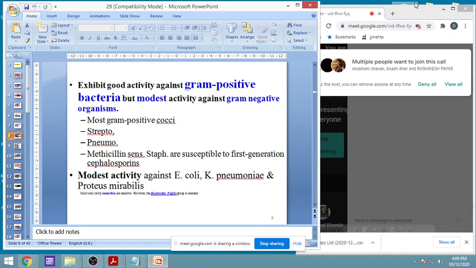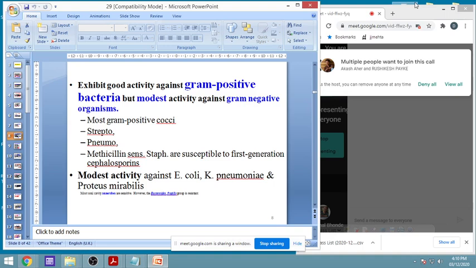Most gram positive cocci like streptococci, pneumococci, and methicillin sensitive Staphylococcus aureus are susceptible to first generation cephalosporins, but the problem is they have modest activity against E. coli, Klebsiella pneumoniae and Proteus mirabilis. So they have comparatively less activity, and therefore they fail in treating these.